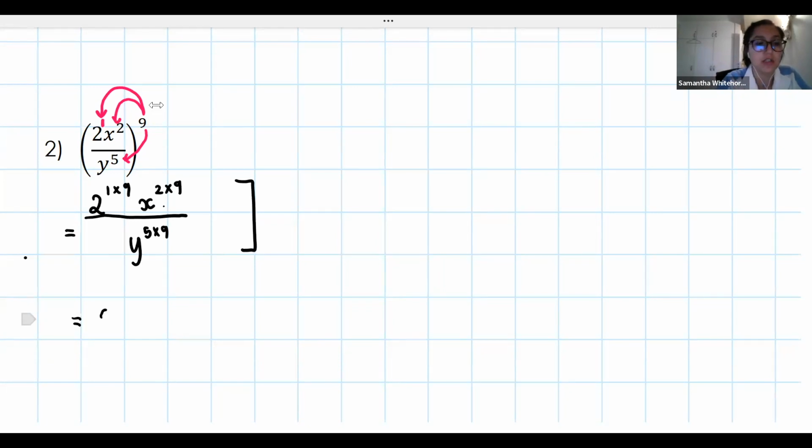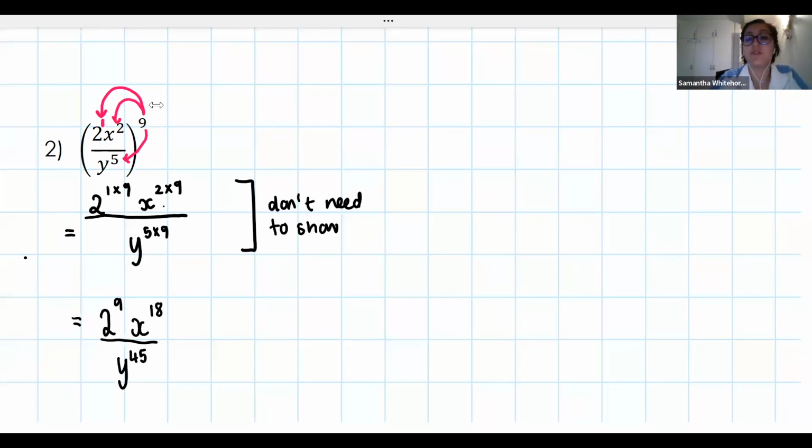So you can go straight to 2 to the power 9, x to the power 18, all over y to the power 45. You are obviously welcome to show the step. If you feel more comfortable doing that, please do, but you don't have to.